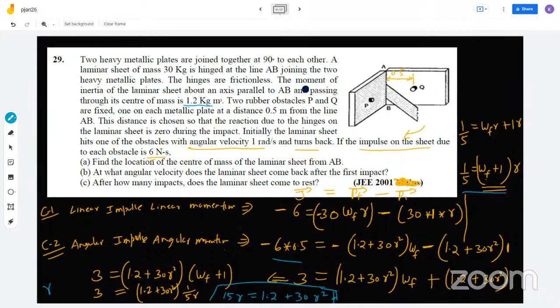Two obstacles. Now we have to look at the force of the hinge. So how will you select the hinge force? Impulse is equal to change in linear momentum.